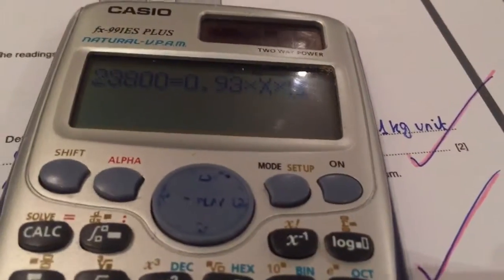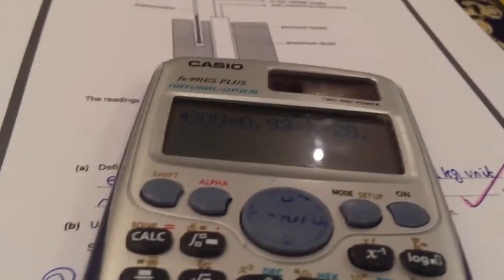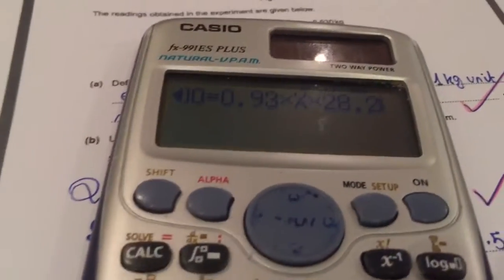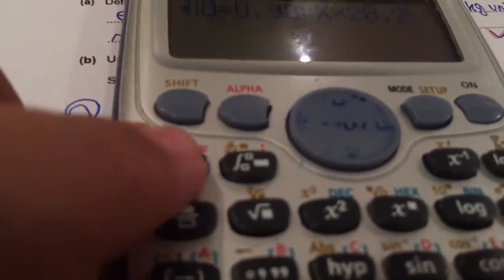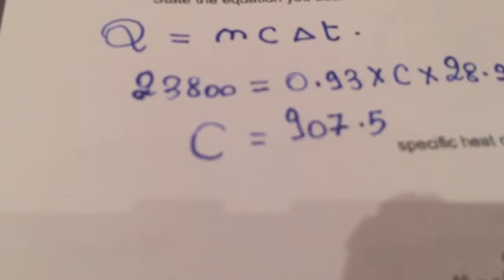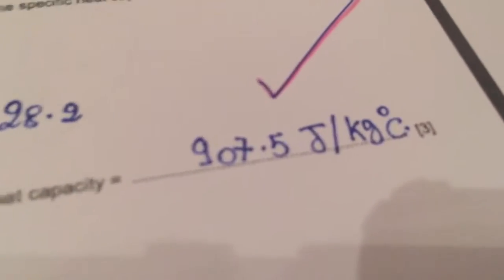So here you go, alpha X, and then multiply 28.2. Then you don't press equals, you press shift solve. And here you go, 907.5, and our answer was absolutely the same. And that's how I made it. So 907.5, don't forget the units, joules per kilogram degrees Celsius.